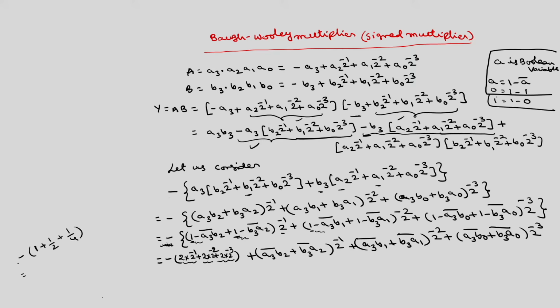So, this is equal to minus of 4 plus 2 plus 1 is 7 by 4. This can be represented as 2 minus of 1 by 4. So, this 2 is overflow.